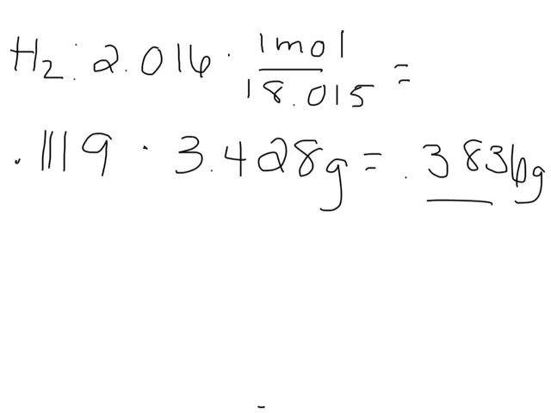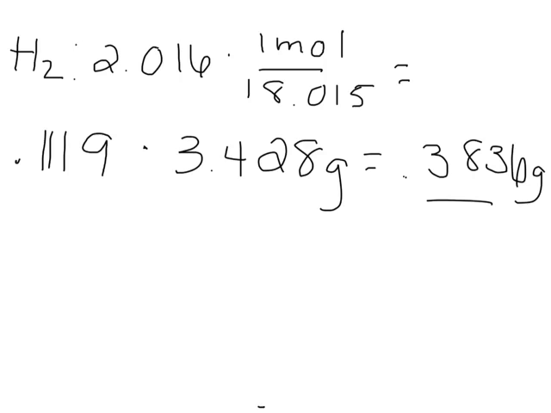Once you are in the grams, it's the law of conservation of mass. So this is the amount of grams of hydrogen within the entire problem. We're going to convert it into moles because moles are basically the linking unit.